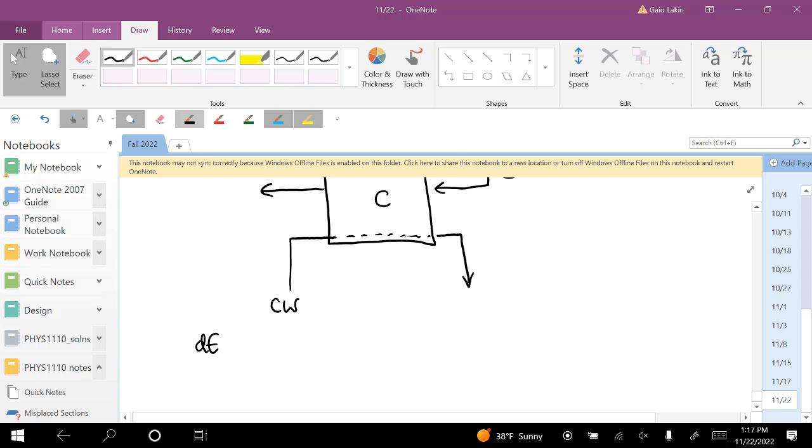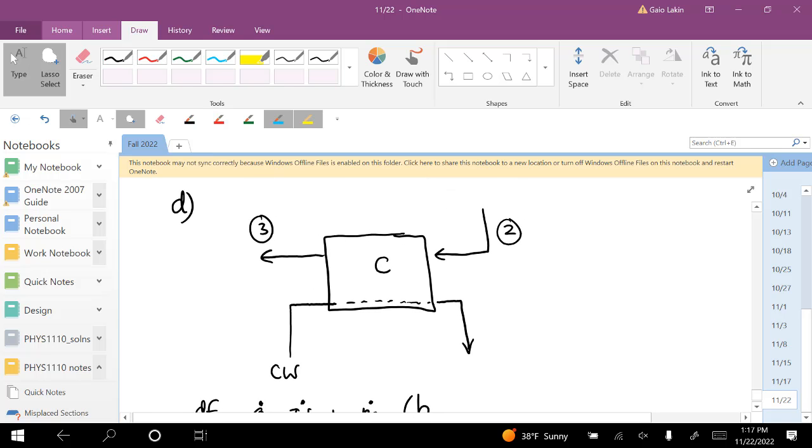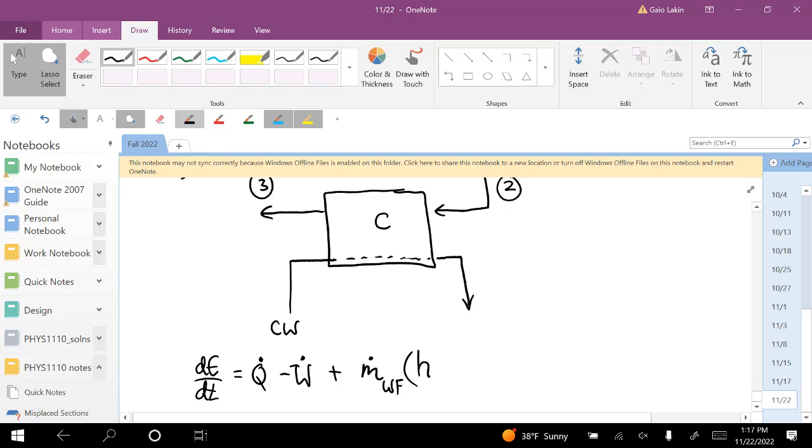So we'll go dE/dt is equal to Q dot minus W dot plus, I'm going to throw away all the potential and kinetic energy terms, so we just have m dot for the working fluid times H in minus H exit. I can write that as H2 minus H3.